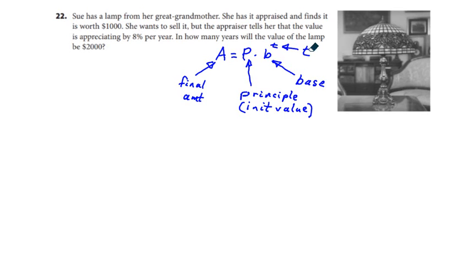So I'll just write here time, because that tends to be probably the most common use of independent variables in an exponential function in a real-world situation. But the base, B, is equal to 1 plus R, and R is our rate.